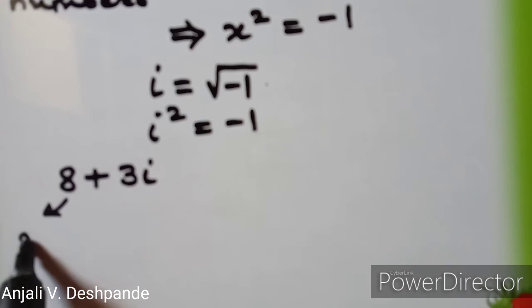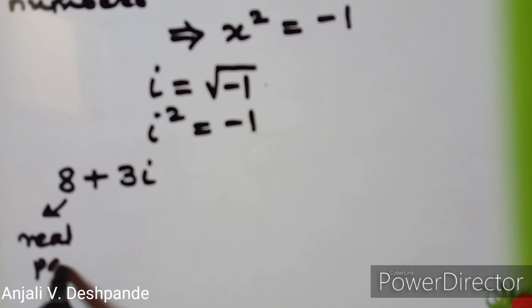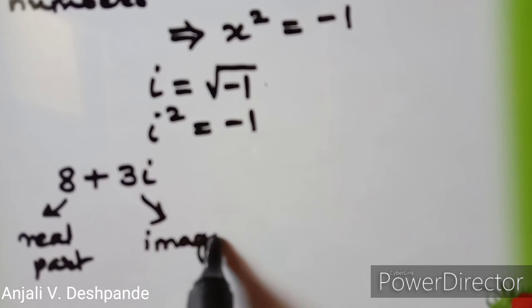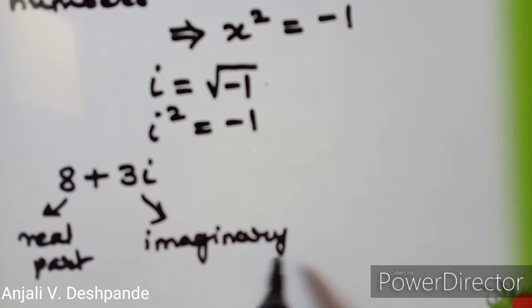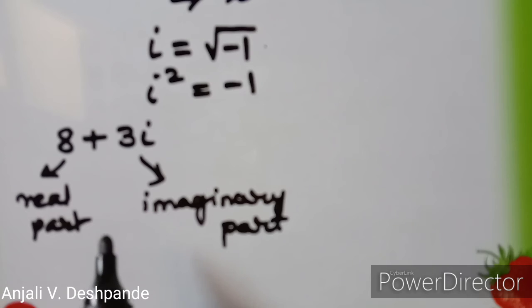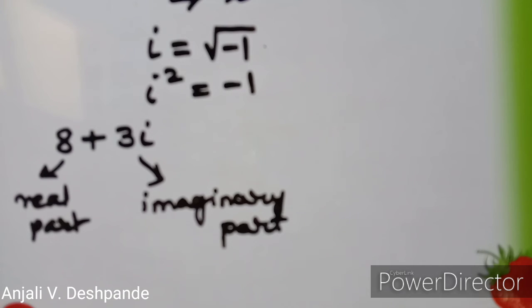So this is the real part, and this we can call the imaginary part. So in other words, a complex number is a number which consists of a real number and an imaginary number, or a real part and an imaginary part.